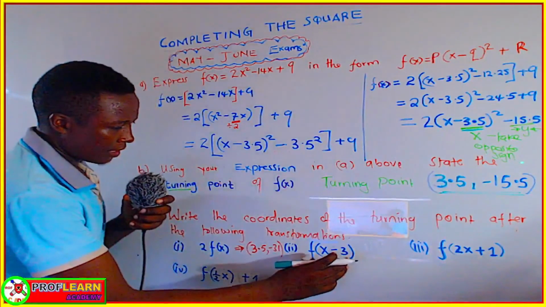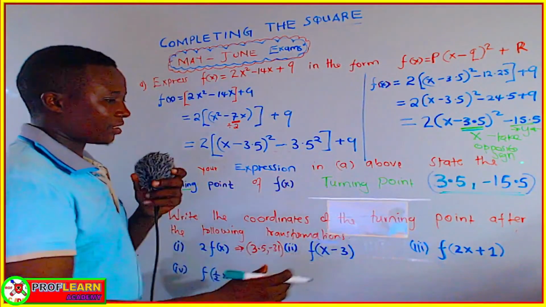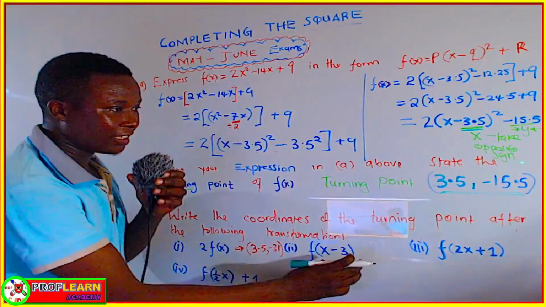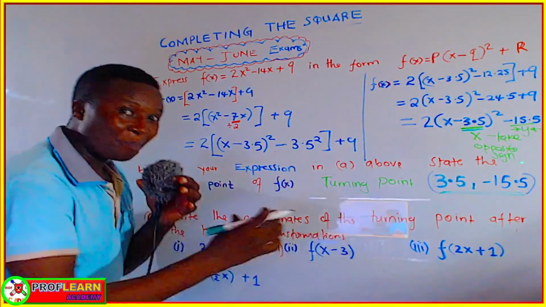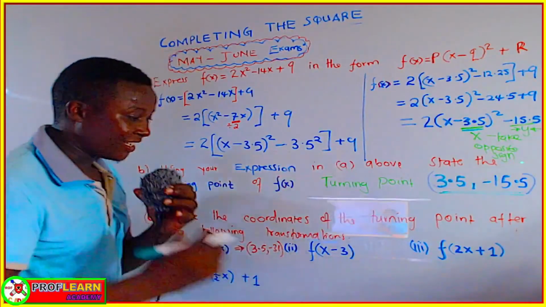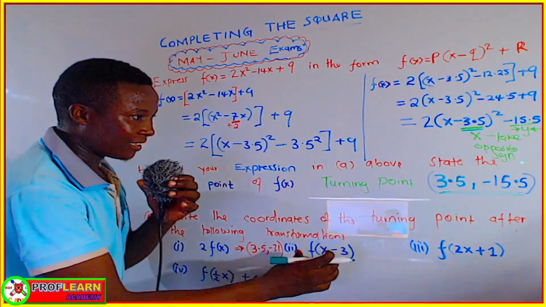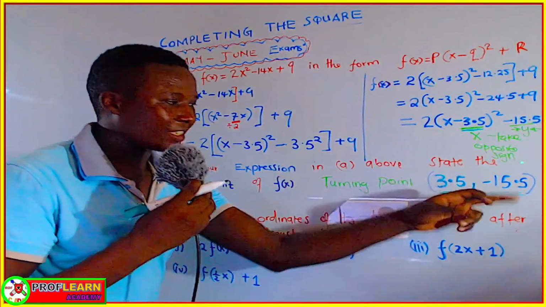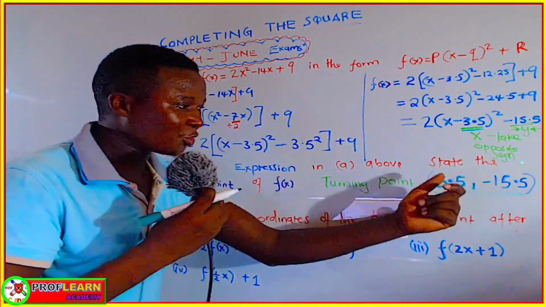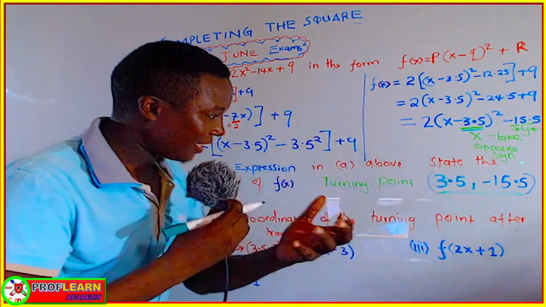We have f of x, x minus 3. You see this transformation is taking place inside the bracket, and when it's taking place inside the bracket, only x values are going to be affected. The y values are going to remain the way they are.